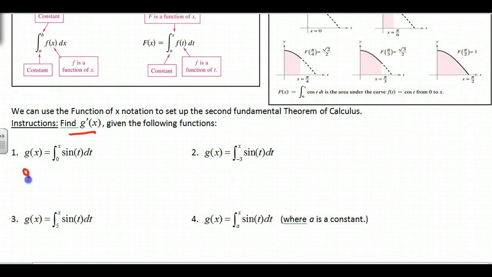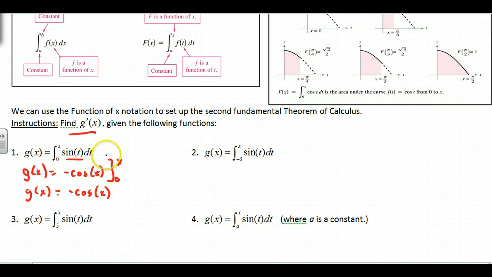If I want to find out what g of x is, I just take this integral and evaluate it. What's the antiderivative of the sine? It would be negative cosine of t, and I'm going to evaluate this from 0 to x. Notice that this does say g of x, so I'm going to end up with a function of x.